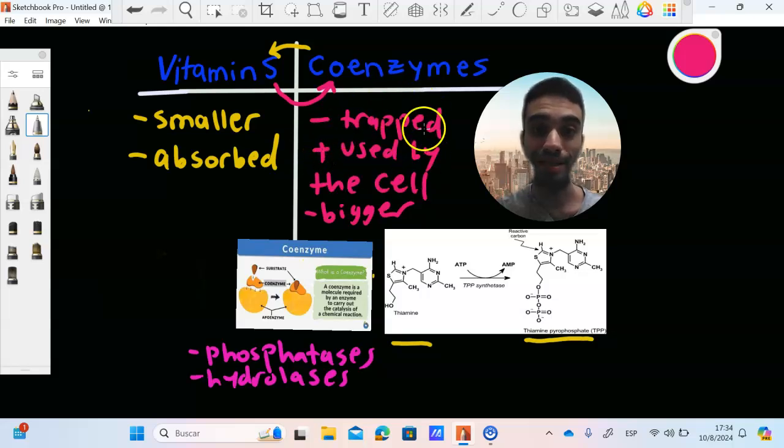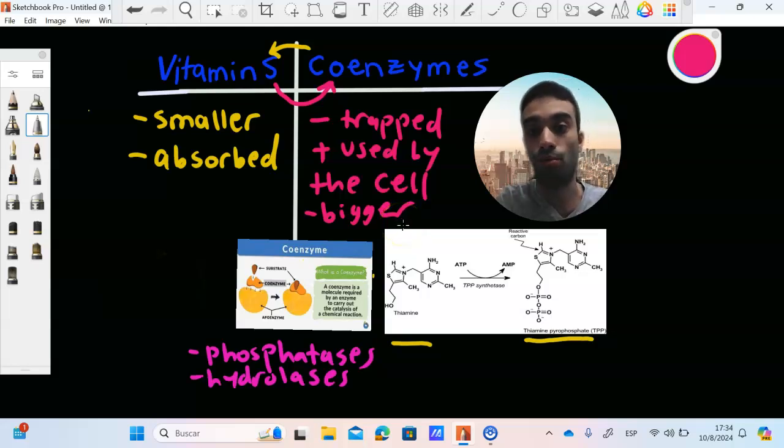So these coenzymes actually play a role in the cell itself. So you can see here for B1, this thiamine is going to be converted into the coenzyme TPP, and this one is actually going to have the function. And as I mentioned, the functions of these coenzymes are that they help the enzyme carry out the catalysis of a certain molecule.